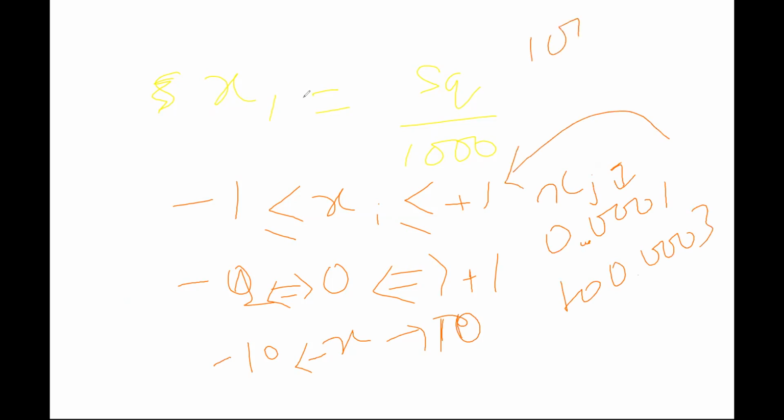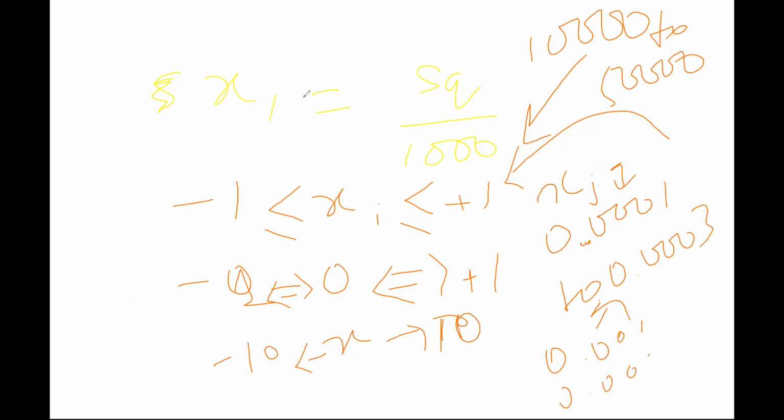Similarly, if I am having something in the 10,000s to 5,000s, it's not advisable to convert it to this range. Instead, convert it to some range similar to 0.001 to 0.003.